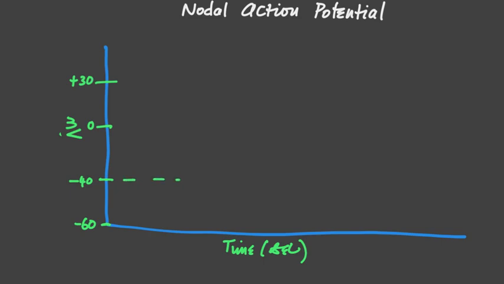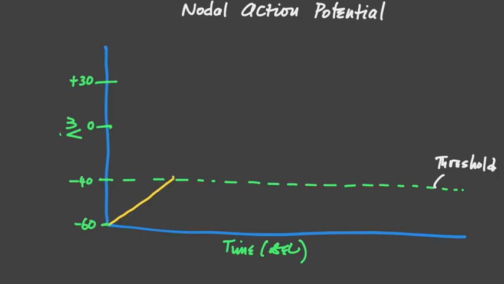The minus 40 millivolts is important because it is the threshold voltage. If you remember, the threshold voltage is the minimum voltage needed to trigger an action potential. At minus 60 millivolts, voltage-gated sodium channels open and sodium flows in, causing a depolarization.